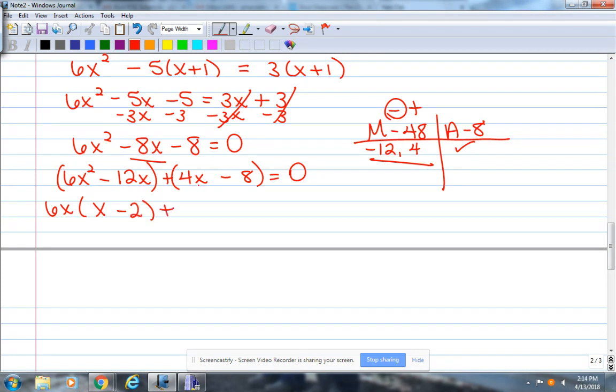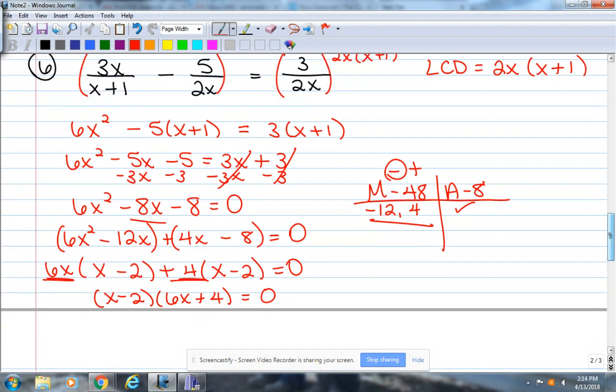Plus, my GCF in this group is 4. What times 4 is 4x? And what times 4 is negative 8? Negative 2. And both parentheses are the same. So I've got an x minus 2 and the other one, equals 0.